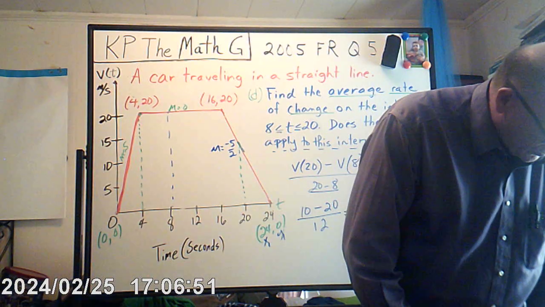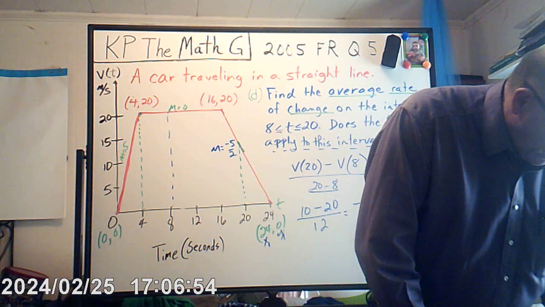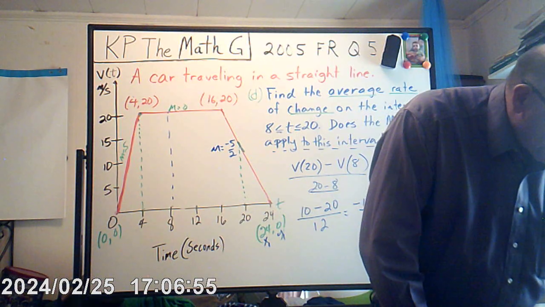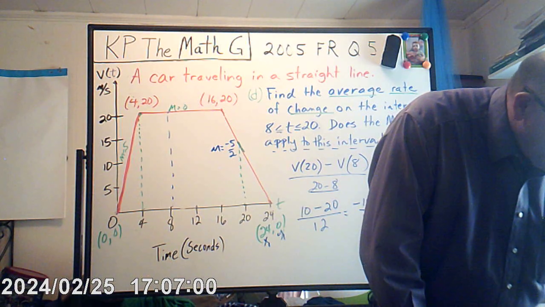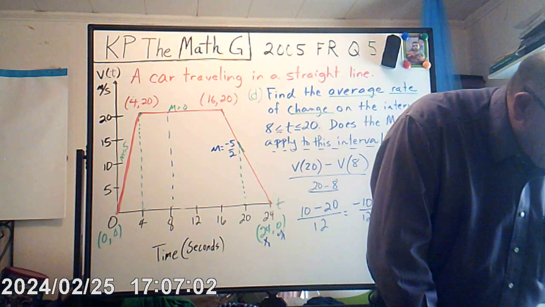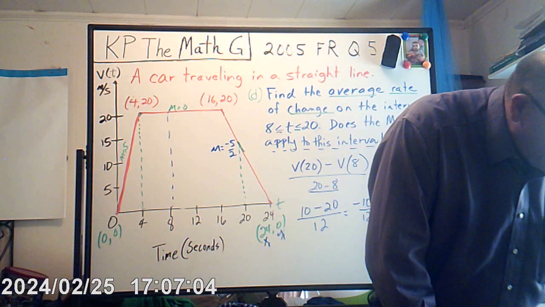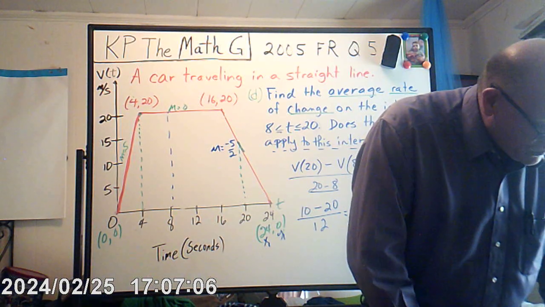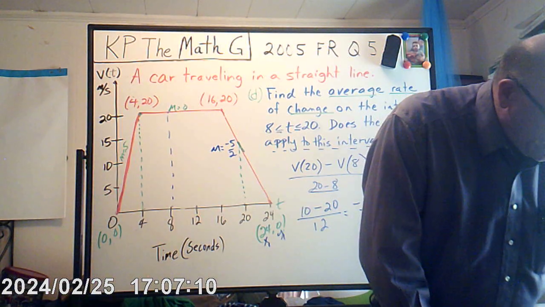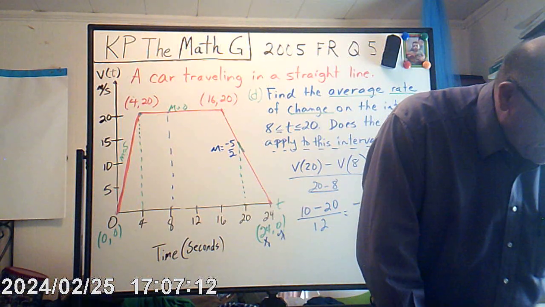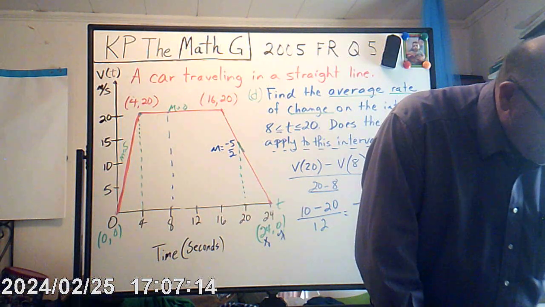Meters per second squared. Now, the question is, does the mean value theorem guarantee a value of C on the open interval 8 to 20 such that V prime at C is equal to this average rate of change?